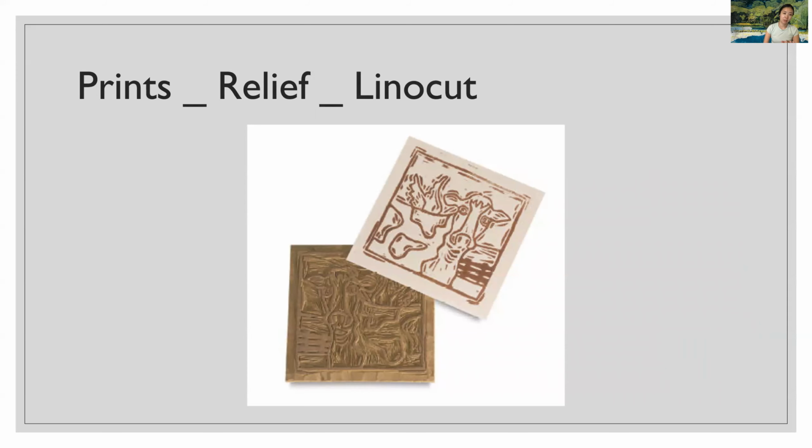And the linocut. Linocut can be done the same way as woodcut and wood engraving. It's just using a different block, a linoleum block, which is softer and easier to cut.